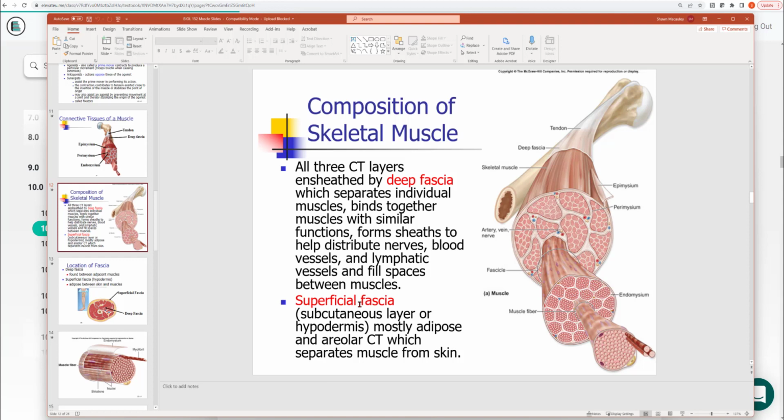Back in the integumentary system, we looked at the hypodermis, which is also called the subcutaneous layer, right? And you know that that's mostly adipose, a little bit of loose areolar connective tissue. Well, another name for that same layer is superficial fascia. So superficial fascia, subcutaneous layer, and hypodermis are three different names for the same thing.